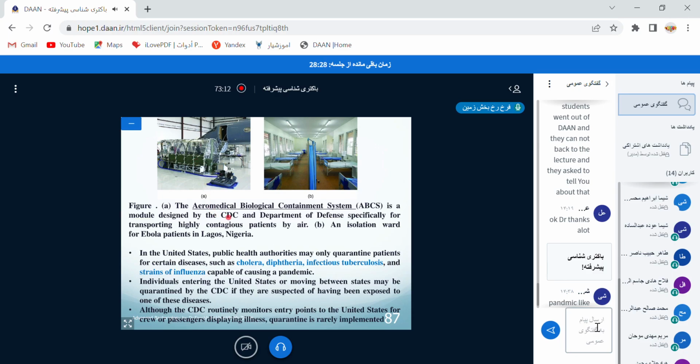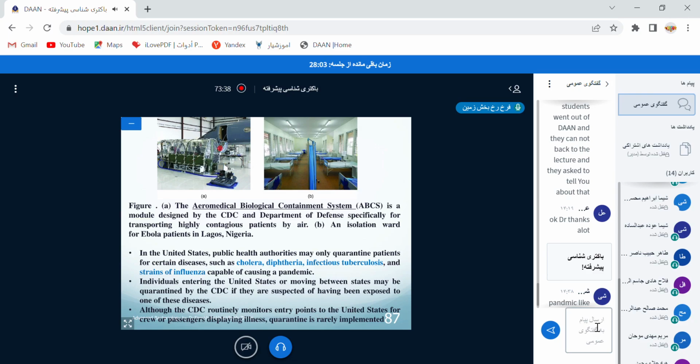ABCS is a module designed by the CDC and Department of Defense especially to transport highly contagious patients by air.